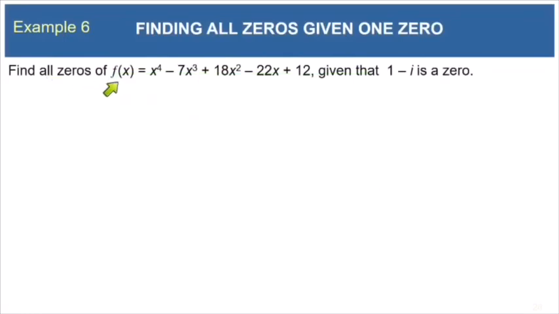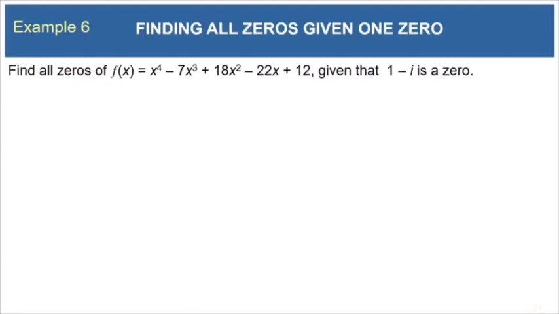So now here is example 6, and this says find all the zeros of f of x equals x to the 4th minus 7x to the 3rd plus 18x squared minus 22x plus 12, given that 1 minus i is a zero.